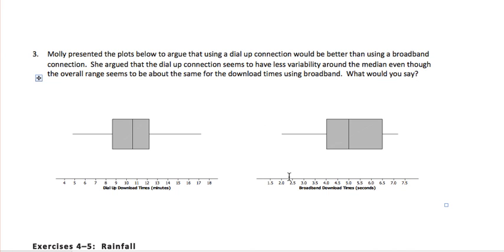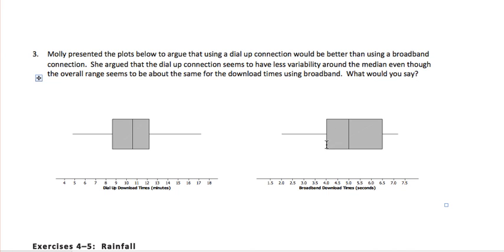Well, hopefully you would argue that the scale on these number lines is very different. On the dial-up number line, we're ranging from 4 seconds to 18 seconds, or minutes, 4 minutes to 18 minutes. Whereas on the broadband number line, we are ranging from 1.5 seconds to 7.5 seconds.